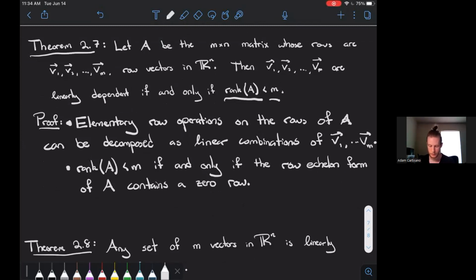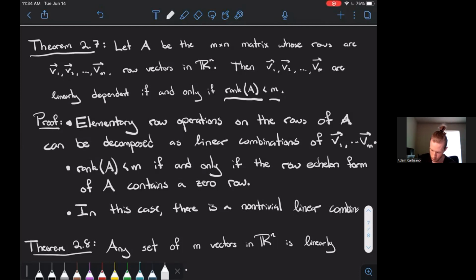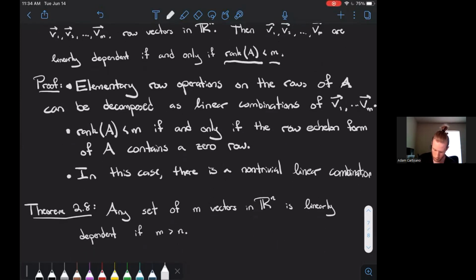So, put those things together, then in this case there is a non-trivial linear combination of the row vectors v1 through vm yielding the zero vector.